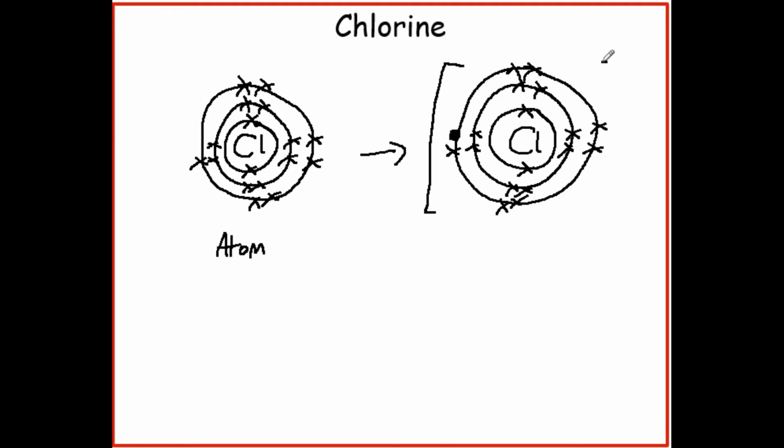And then what we do is we put our square brackets around it, and this time because we've gained an electron, there's an extra negative charge, so in this case the chlorine ion is going to have a single negative charge, so Cl-.